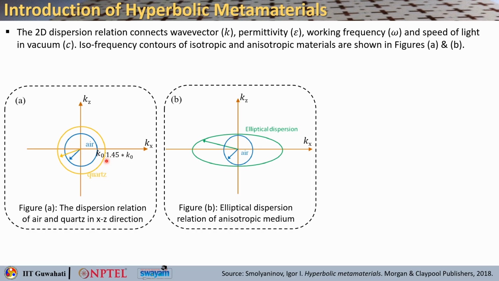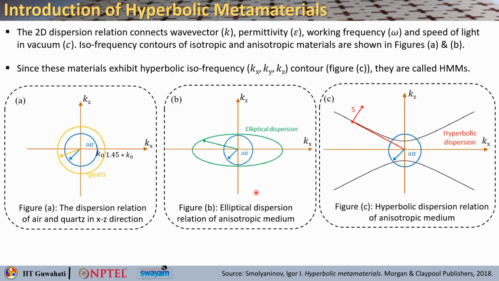Because this is in K space, you are writing everything in terms of the wave vector K. In air you have K naught, and in quartz you will have 1.45 times K naught. This is the typical dispersion relation of air and quartz in this particular K space, right.